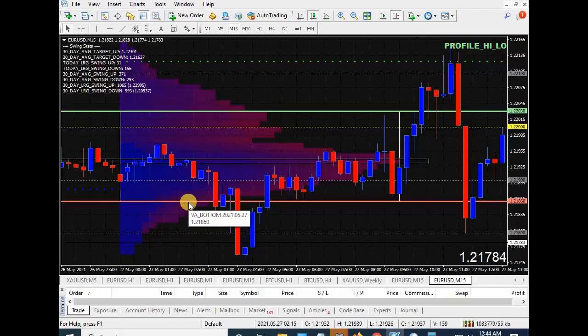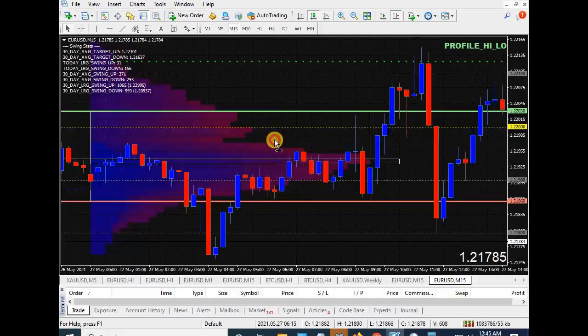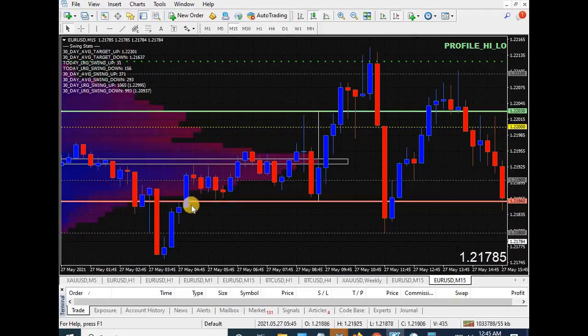Now, again, just looking at the numbers, if we start to break down below this line, this value area low, what's probably going to be easier? To trade in the direction of the market.